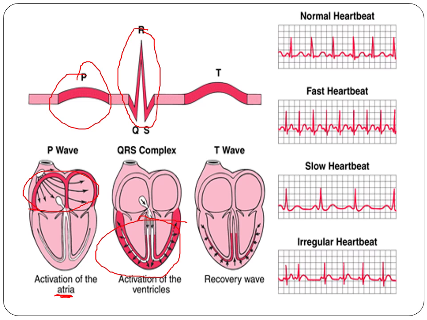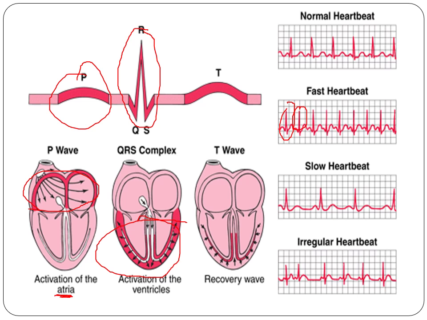Now, on our right are the ECG outputs or ECG readings, and by comparing them to the normal heartbeat, we can see that when we have faster heartbeats, we have more QRS complexes, or what they call R waves.